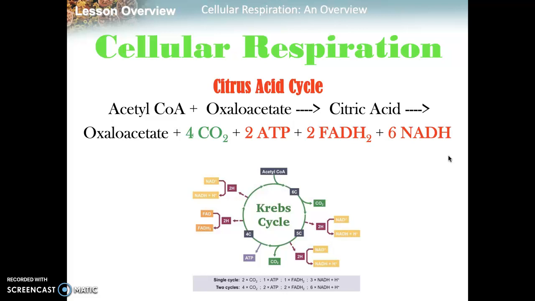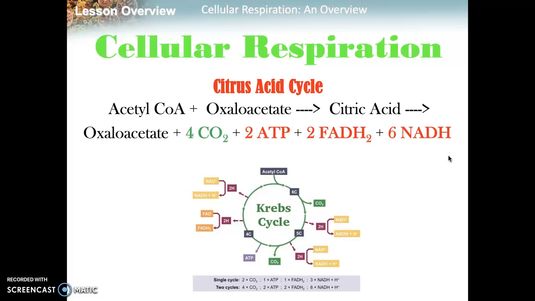We have 2 ATP molecules produced, 2 FADH2 molecules produced, and we have produced a grand total of 6 NADH molecules. And it's very important as we move along that we're keeping track of these ATPs, FADH2s, and NADHs, because they contain our energy.